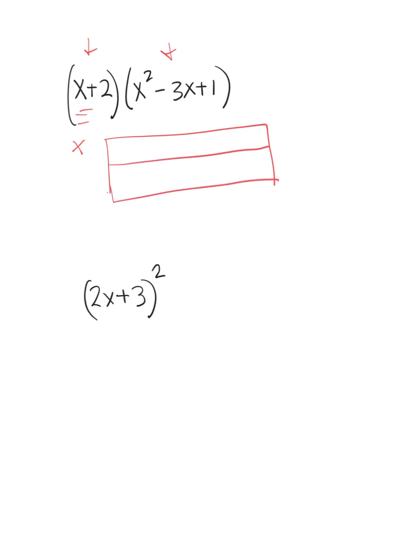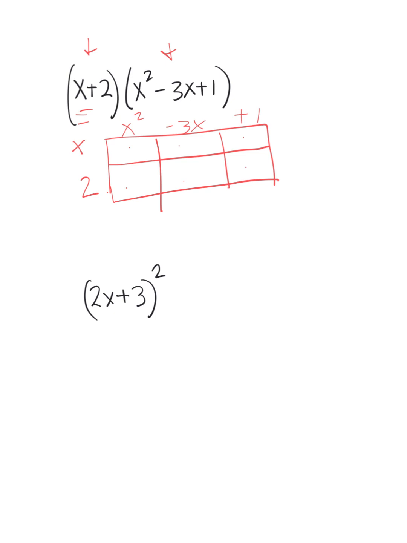And so you can make this x plus 2, and then going across here, this would be x squared minus 3x plus 1. You can see there's our 6 multiplications that we need to do. It's basically just a visual way of doing the distributive property.